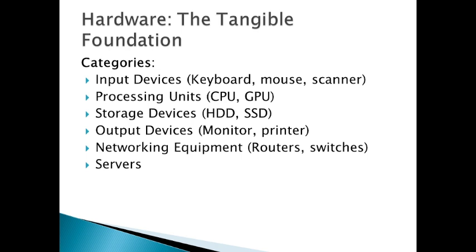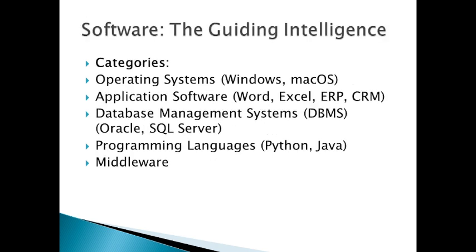Now let's look at the second component of the information system, which is the software. Software comprises the programs and instructions that tell the hardware what to do. It's the intelligence that drives the system. Key categories include: number one, the operating system.